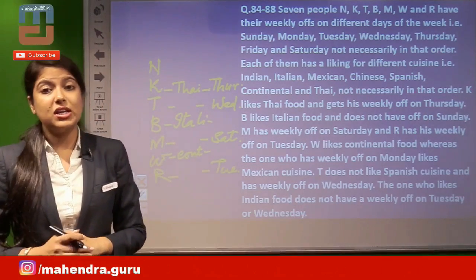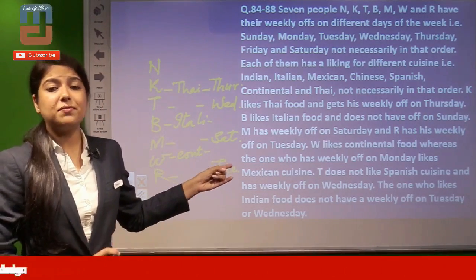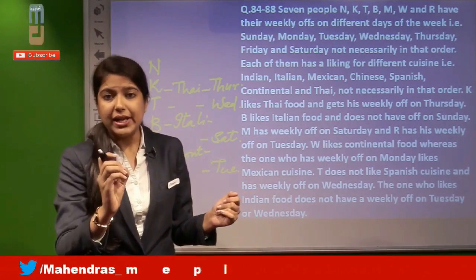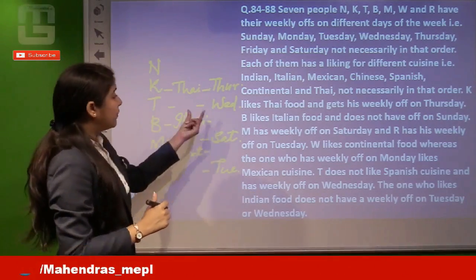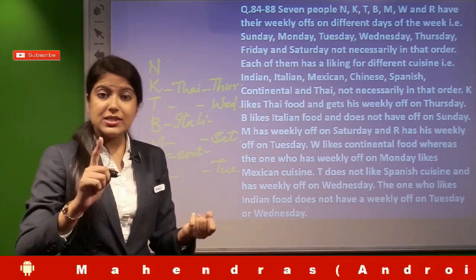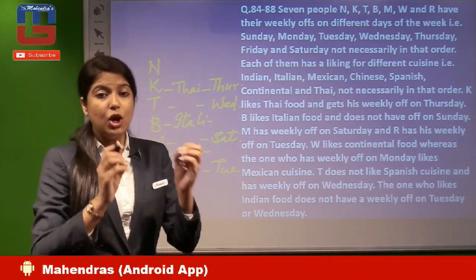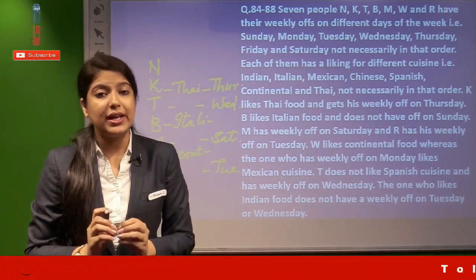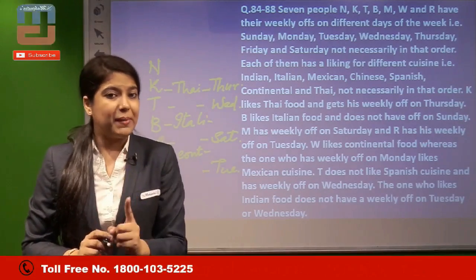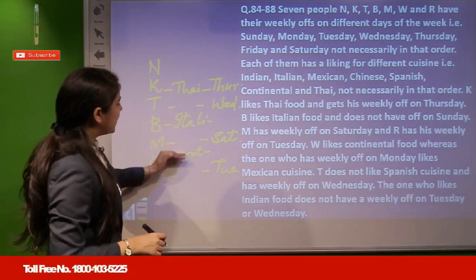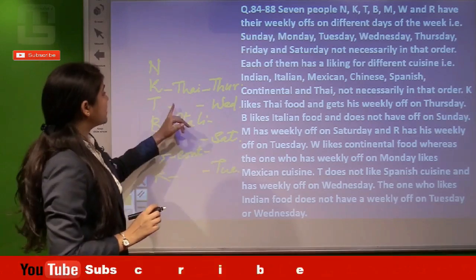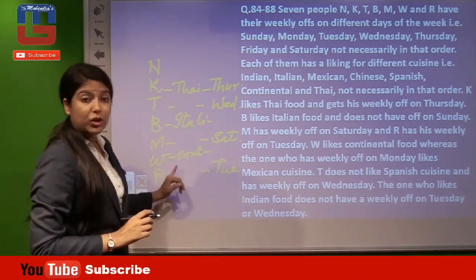But one condition which I had previously left was Mexican Monday, right? Now Mexican and Monday will come together because as per the condition, whosoever week off is on Monday would be liking the cuisine Mexican. Now can you put Mexican over here anyway? No, because if we put it over here, we cannot put Monday.